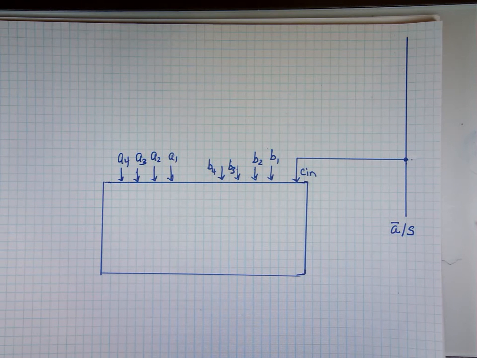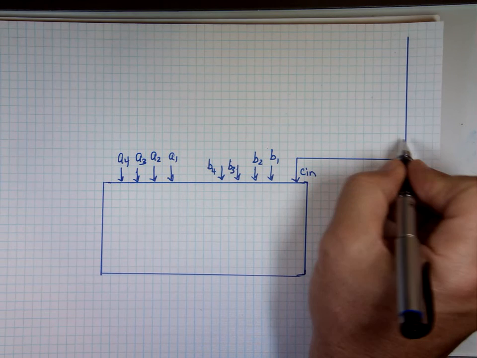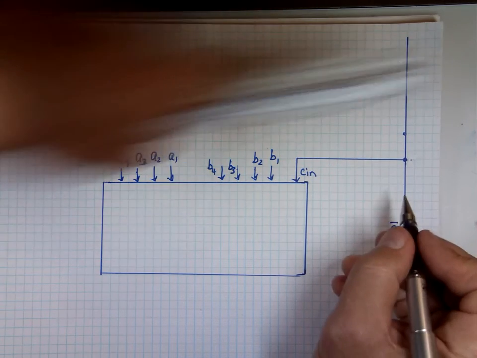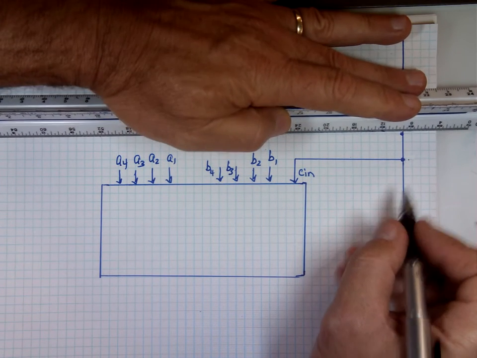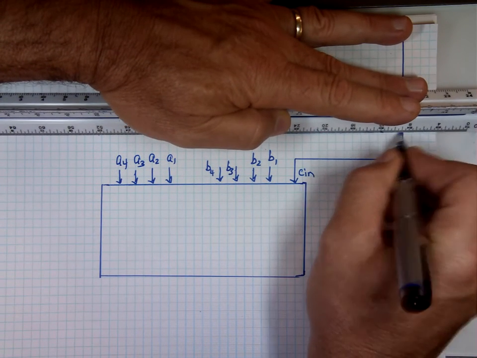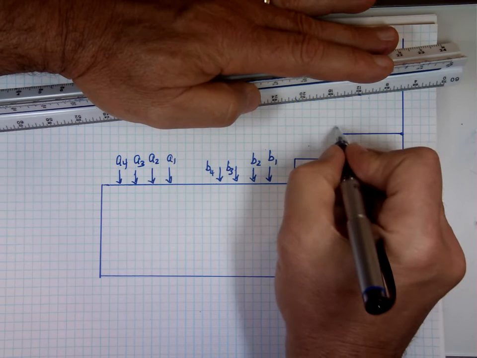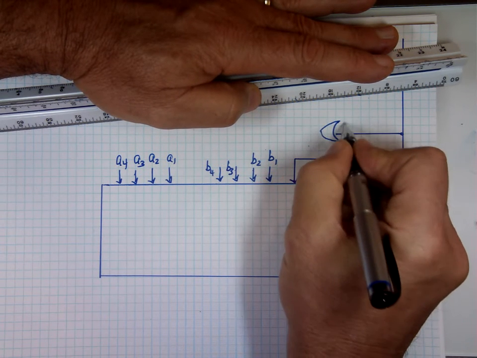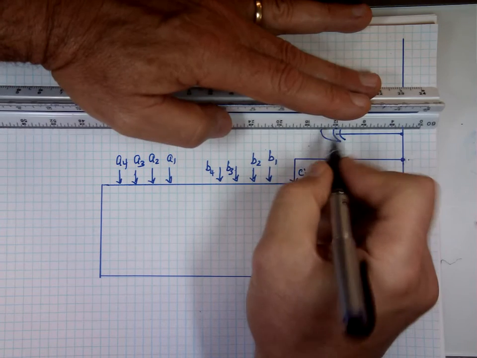What I'm going to do is take this and feed it to an exclusive OR, and that exclusive OR is going to go to B1.